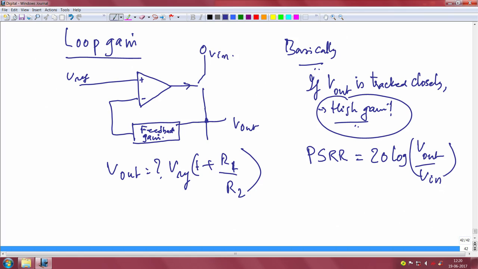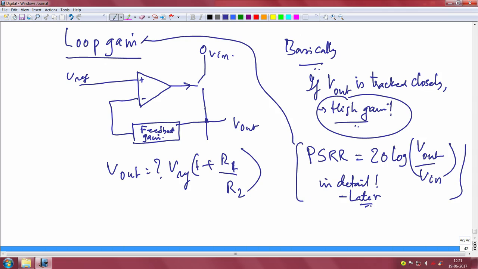We will discuss PSRR in detail later, but I have to introduce this term because it is related to the gain of this error amplifier, the gain that is provided by the error amplifier. What am I trying to say?